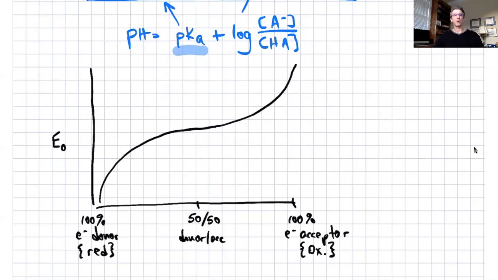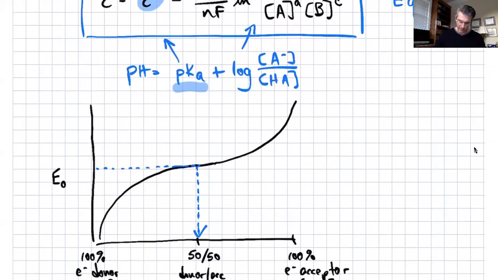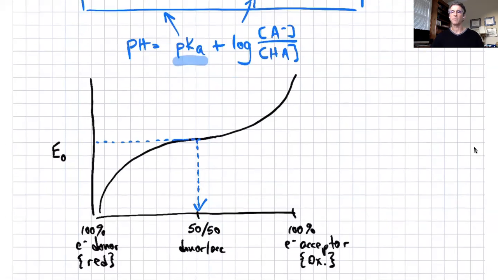Which ought to look pretty similar to what you remember about the Henderson-Hasselbalch equation. And in direct analogy, right at this midpoint, the inflection point, just like we saw with the Henderson-Hasselbalch equation, is the point of 50-50 equivalence between fully reduced and fully oxidized.